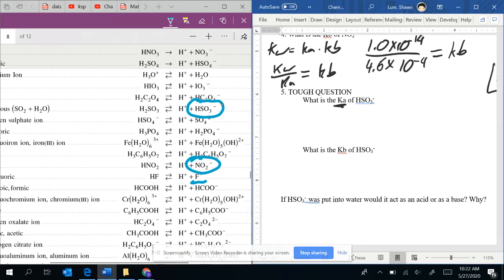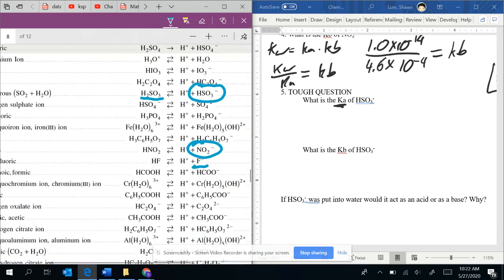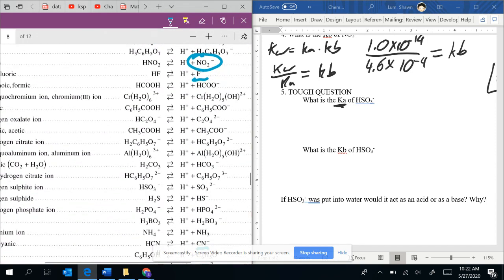And this HSO3 minus is the base. So I don't want that. I need to find HSO3 minus when it's an acid. So that is not HSO3 minus, that's H2SO3. So I need to find H2SO3. So here is H2SO3 and it's on the acid side.